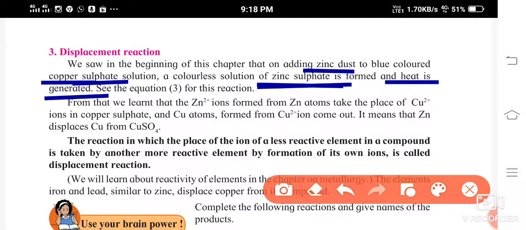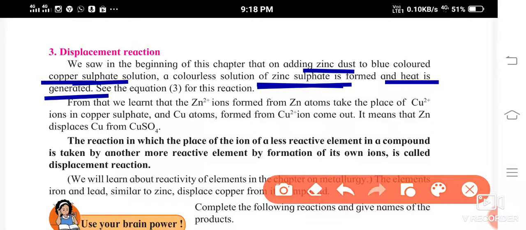Now if heat is generated, what type of reaction is it? You've studied about this. It is an exothermic reaction, isn't it? There are two types of reactions, exothermic and endothermic. In this reaction, heat is evolved during the reaction, that is why it is an exothermic reaction.